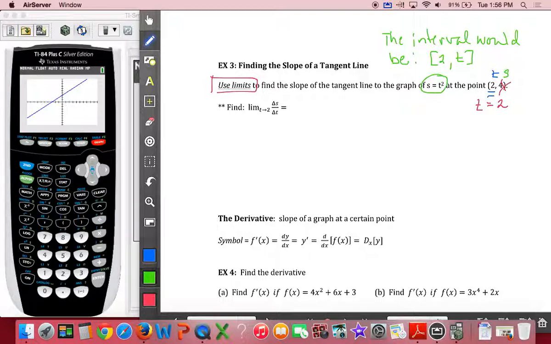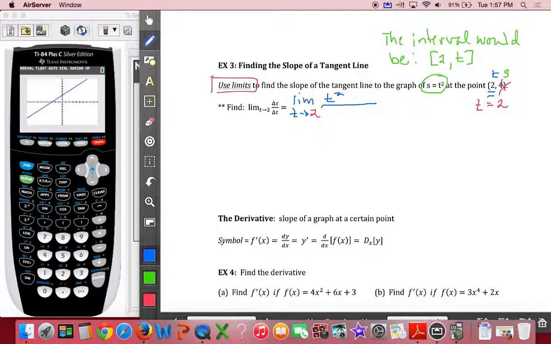And so again, what's your original function that they gave you? So this is the limit as t approaches 2 of our original function, t squared. So it comes first.